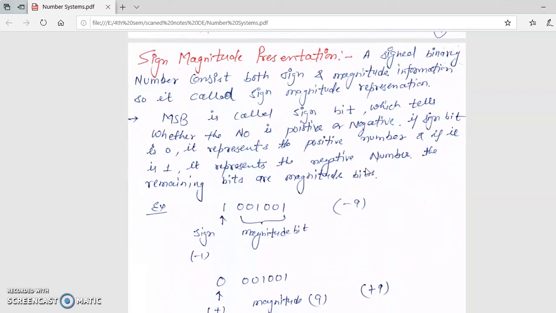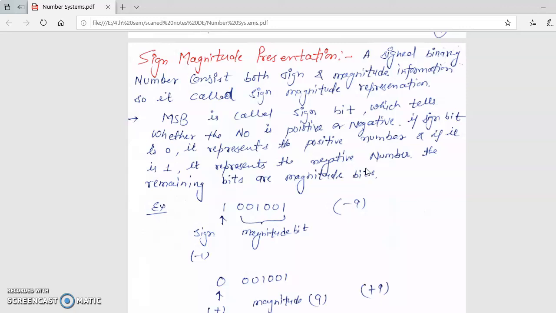In digital, any number has an LSB and an MSB, and any number is present with its sign, meaning the number is positive or negative, with magnitude.